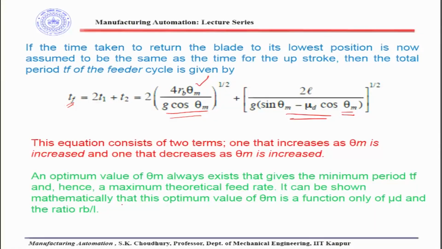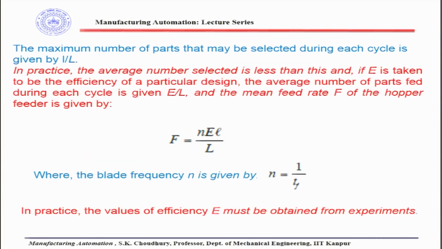It can be shown mathematically that this optimum value of theta m is a function only of mu d and Rb by L. The maximum number of parts that may be selected during each cycle is small l, the length of the track, divided by capital L, the length of the part.